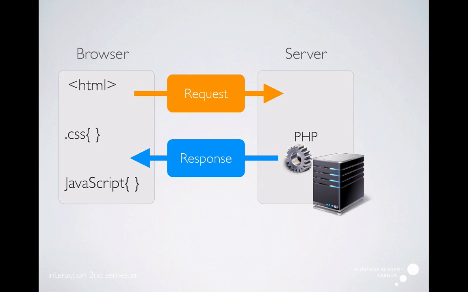It can perhaps find out what has been sent and then store it in a database, or it can send an email, or it can manipulate the data so the user sees something that is more dynamic.